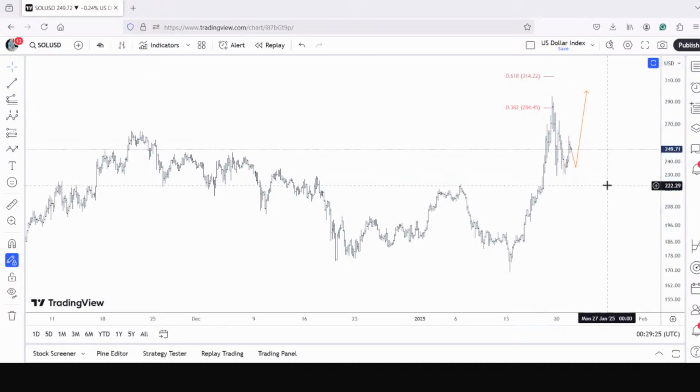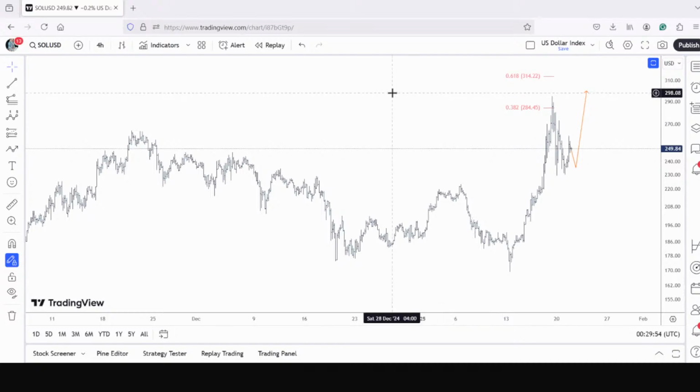So here's a trade with good risk reward ratio. Enter buying around 235. Stop just below 230. Alright, and target 314. So it's an excellent risk reward ratio. Alright, almost 80 points on the upside and 5 points on the downside.